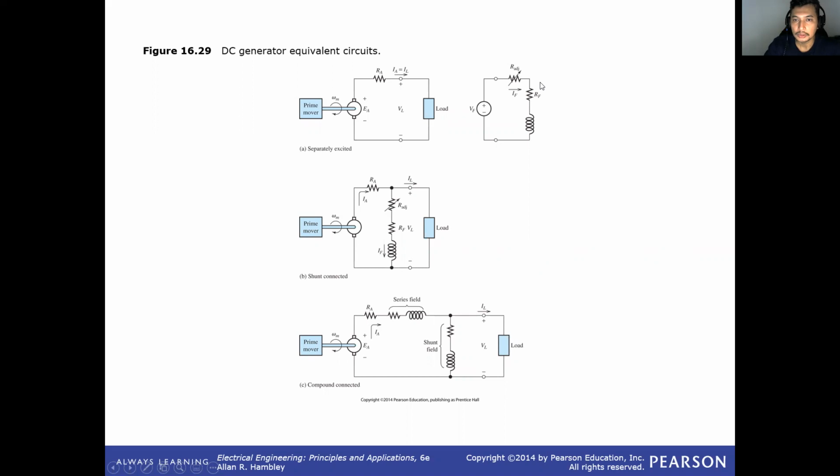As you notice, we also need the field circuit. The field circuit is used to produce flux, because we know that IF is proportional to flux. Why is flux needed? Because the back EMF, which is the voltage induced due to the rotation of the rotor, depends on K, which is a constant, multiplied by flux and multiplied by the speed.